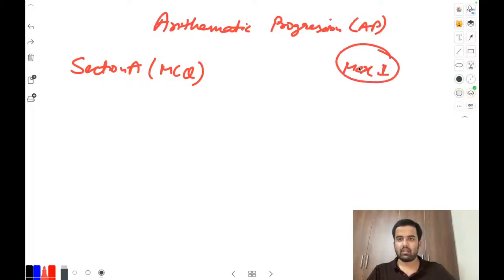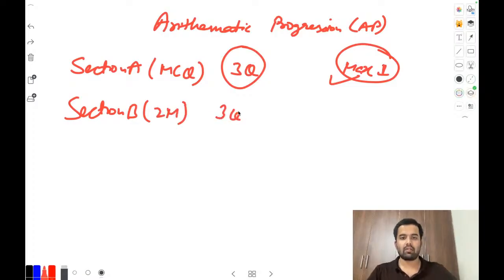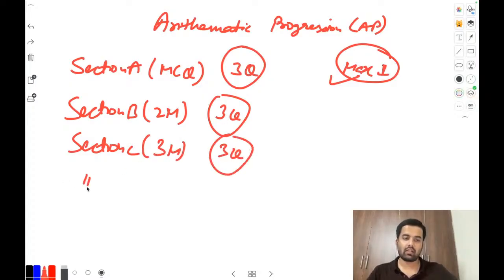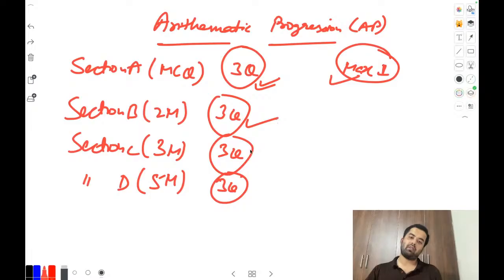Mainly questions come in section B, which is 2 marks, where we'll discuss at least 3 questions, then section C, 3 marks, at least 3 questions, and section D, 5 marks, at least 3 questions. For MCQs in arithmetic progression, there's no need to practice more. Focus mostly on the 2 marks, 3 marks and 5 marks questions.